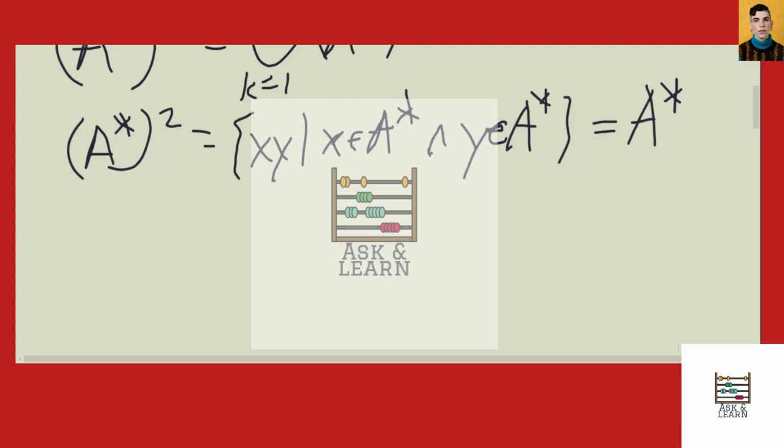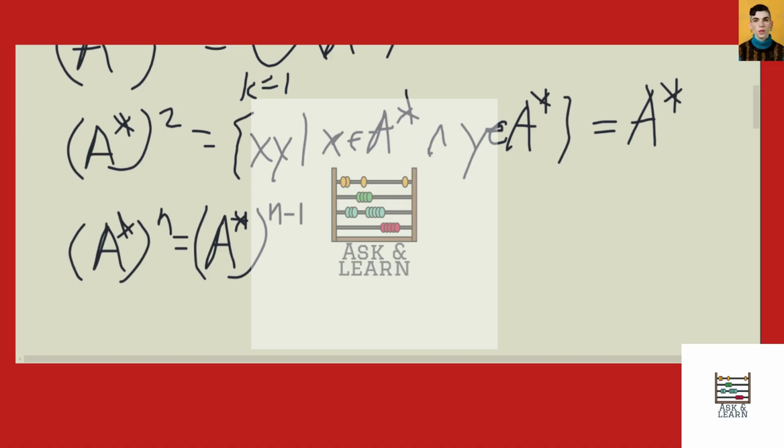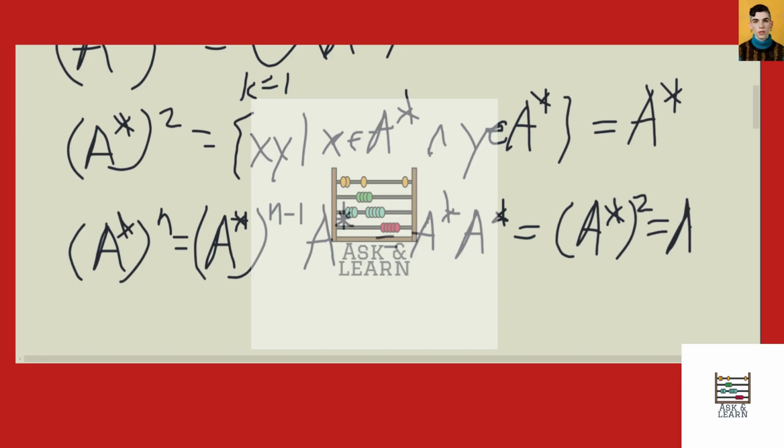And likewise, we have that A star to the n, by definition, is going to be A star to the n minus 1 concatenated with A star, and you can prove by induction that this is equal to A star times A star, which is by definition A star squared, which we showed was the same as A star for n greater than or equal to 2.